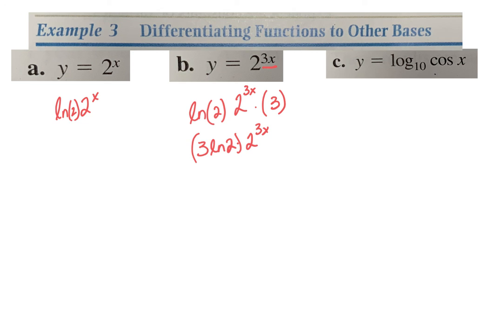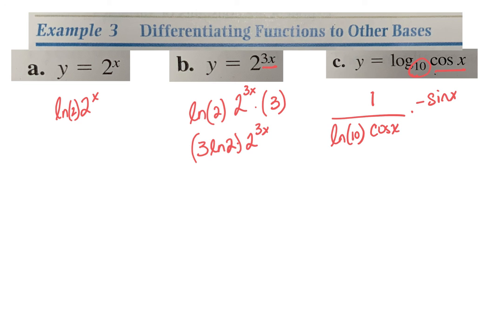Cosine, all right? So if you think about what you have to do, the log of the cosine of x, you're still going to have 1 over your cosine of x. You do have to worry about your base. So you do have to say your natural log of 10 there, okay? And then you have to multiply the derivative of this, so you'd say times negative sine x.